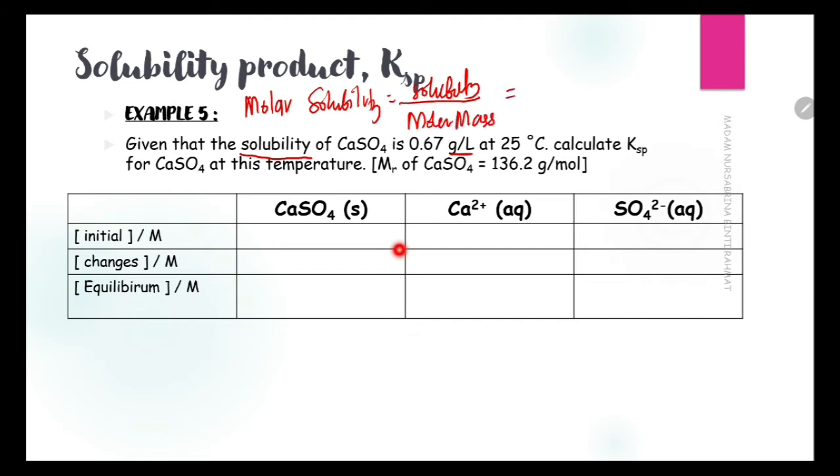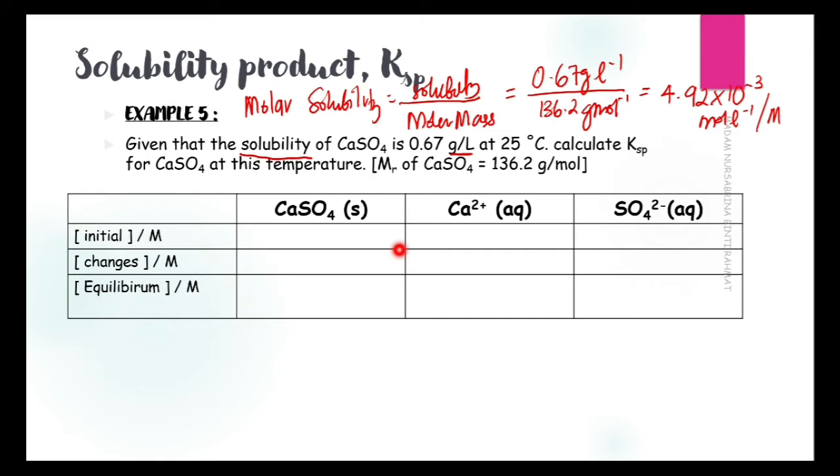The solubility given here is 0.67 gram per liter, and the molar mass given here is 136.2 gram per mole. So you will get your answer in mole per liter, which is 4.92 times 10 to the power of negative 3 mole per liter, or simply M. When you have the molar solubility, you can substitute into your ice table.